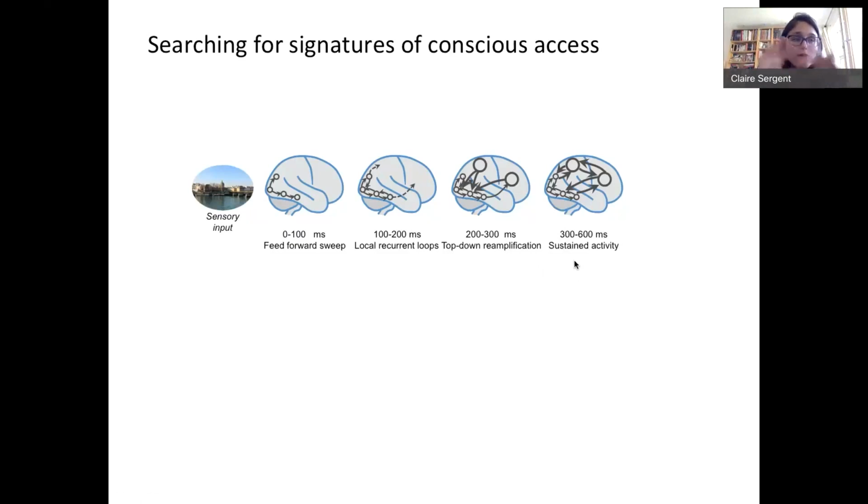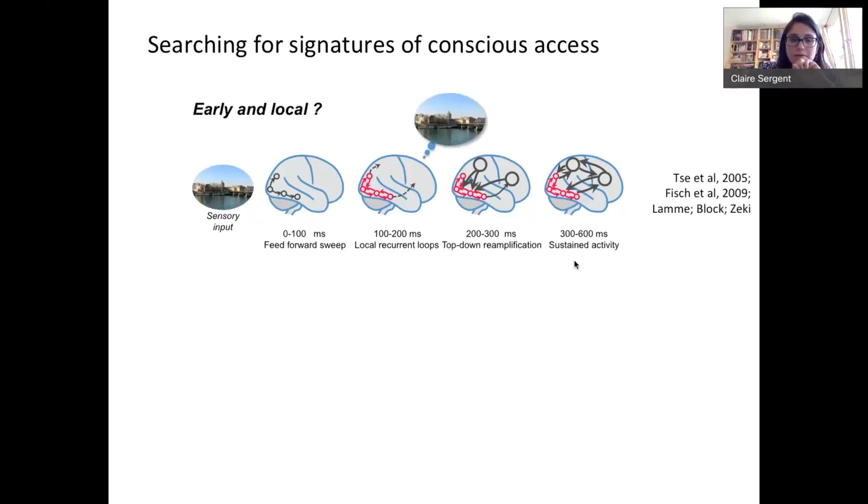And we can roughly identify two different views, two different propositions. The first proposition is that the signature of conscious access, the mechanism that makes you conscious of an information, occurs rather early and through the local recurrence of activations within the sensory areas that are responsible for the representation of the stimulus.